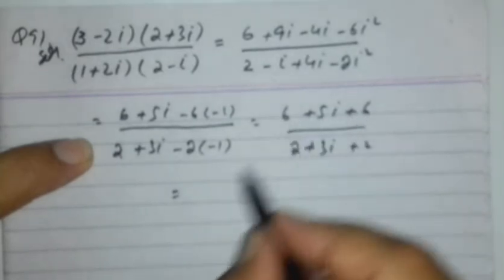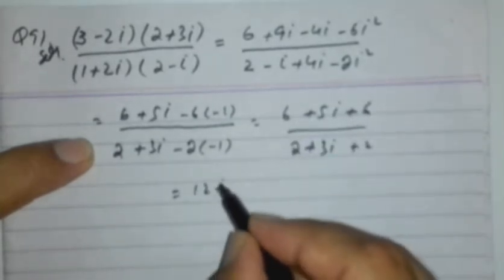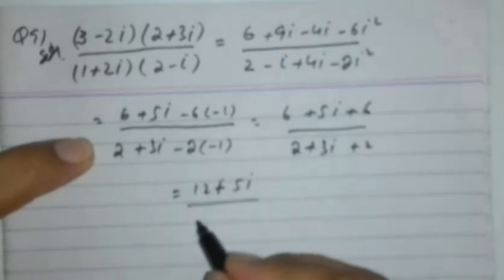So we get 6 plus 6, 12, plus 5 iota divided by 2 plus 2, 4 plus 3 iota.